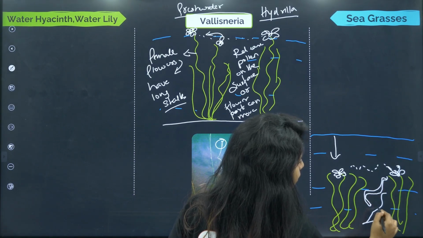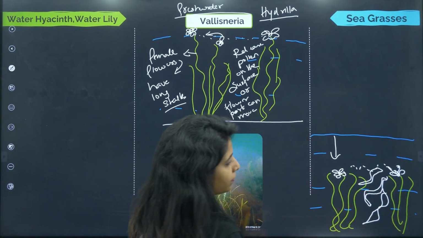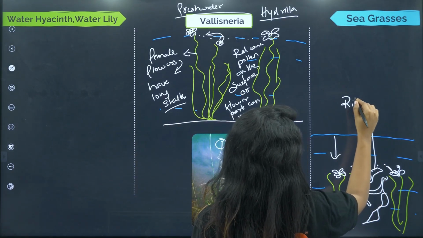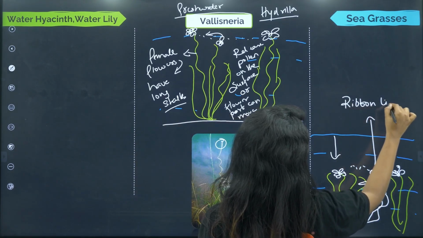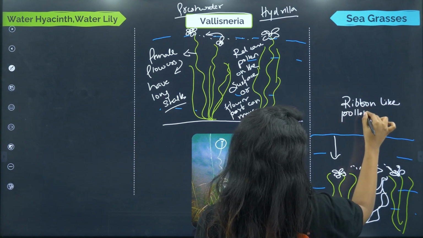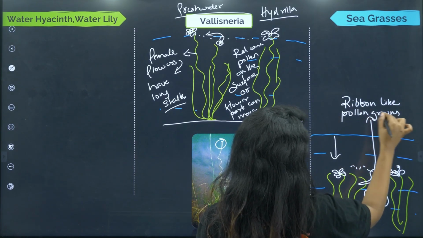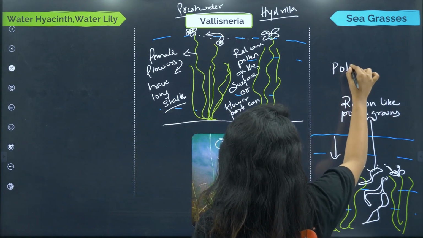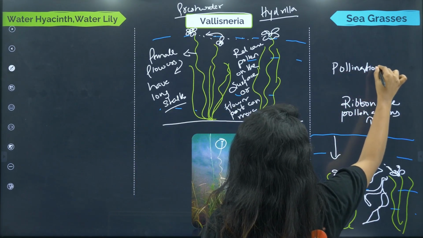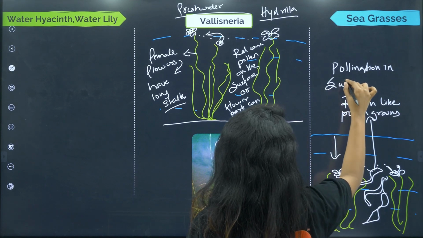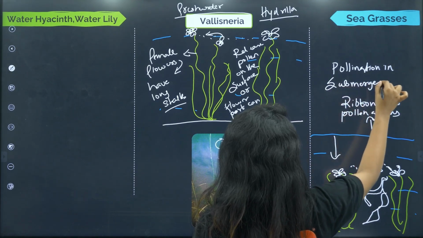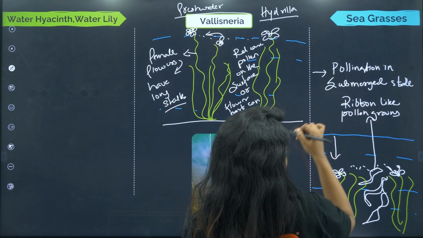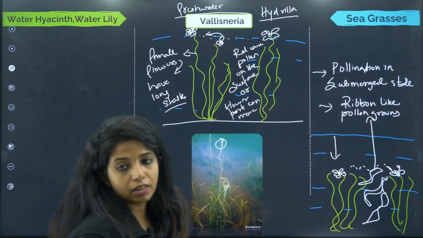They look like a ribbon over here in the case of them. So, I will write ribbon like pollen grains, okay, so that they can move very easily, and pollination in submerged state. So, over here pollination is happening in submerged state and they have ribbon like pollen grains, so that it can move very easily.